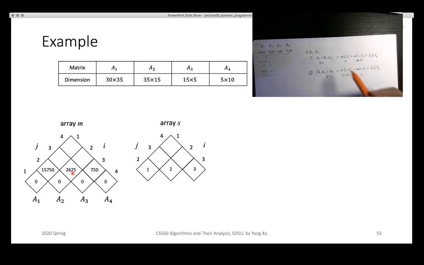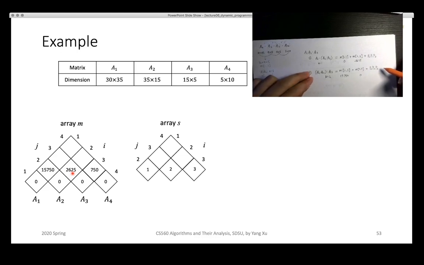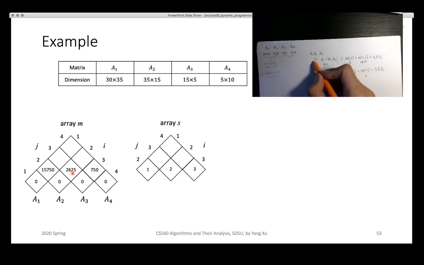Okay. So once we know the cost for K equals 1 and K equals 2, we just compare which one has the smaller cost, and we store the smaller cost in the matrix. We choose the minimum value among these two options, and store the cost to M13, and also store the K to S13. Okay.